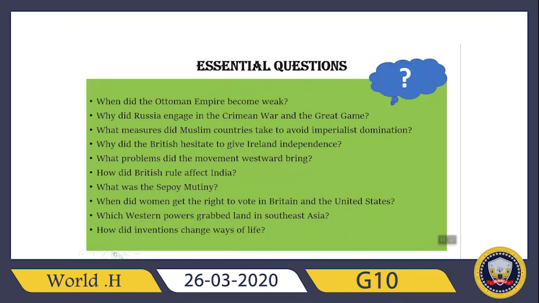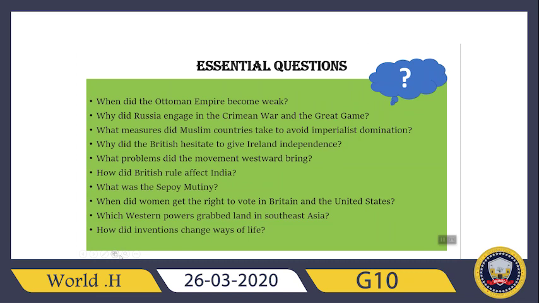Okay, then like always, I collected a few questions for you that you must find answers to. But these are not the only questions. You have to see others as well, and especially at the end of each chapter you will find an assessment, so you have to attempt those assessments as well. A few questions: when did the Ottoman Empire become weak? Why did Russia engage in the Crimean War and the Great Game?